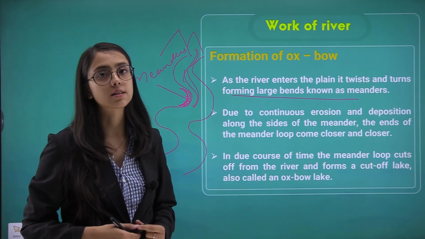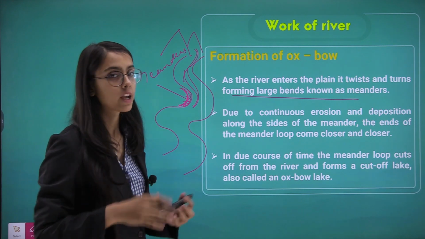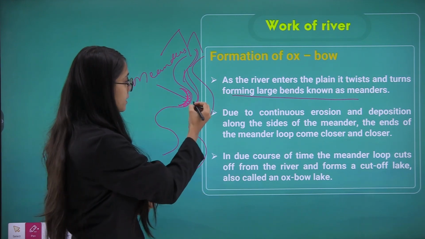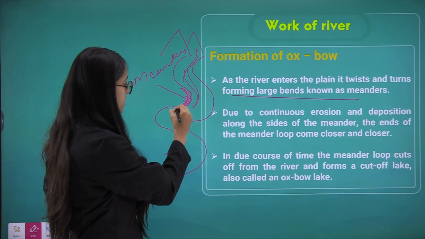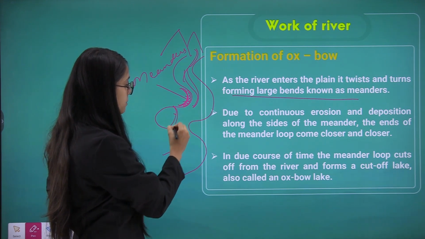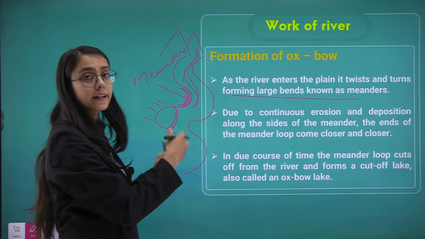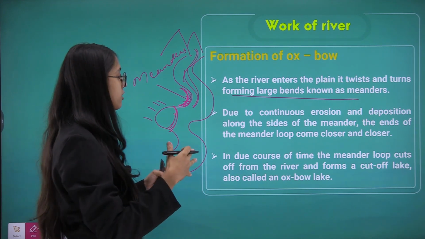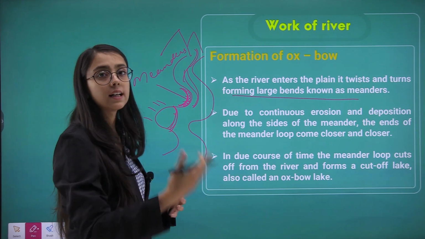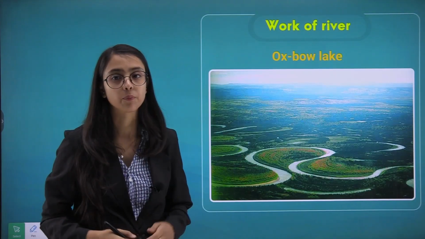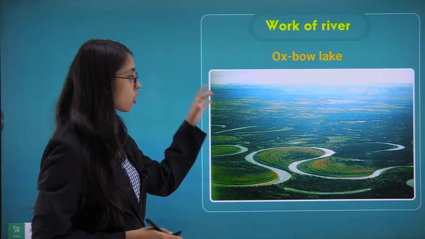This lake is known as an oxbow lake. For example, if a lot of sediments are being deposited here, soon this part of the river will get detached from the river, and it will form a lake itself. Now, here is an example of an oxbow lake.